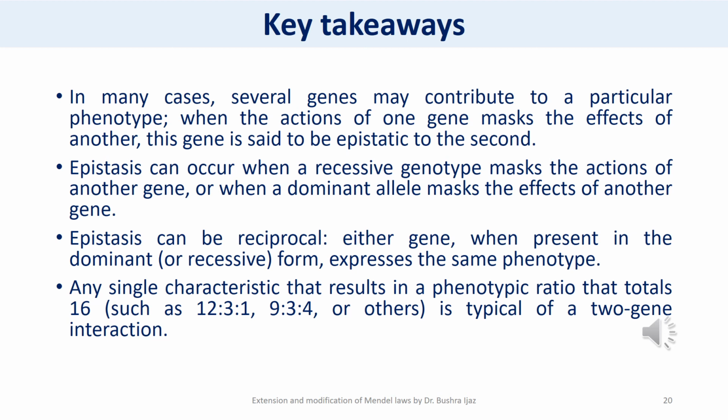Epistasis can occur when a recessive genotype masks the action of another gene or when a dominant allele masks the effect of another gene. Epistasis can be reciprocal, either gene when present in the dominant or in the recessive form expresses the same phenotype. Any single characteristic that results in a phenotypic ratio that totals to 16, such as 12:3:1 or 9:3:4 or other, is typical of a two-gene interaction.